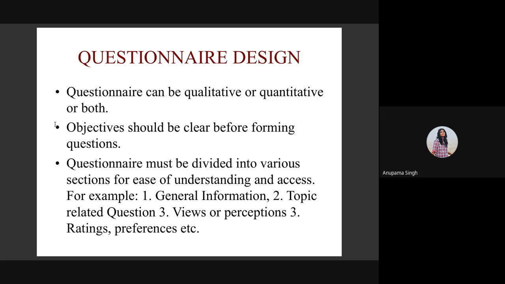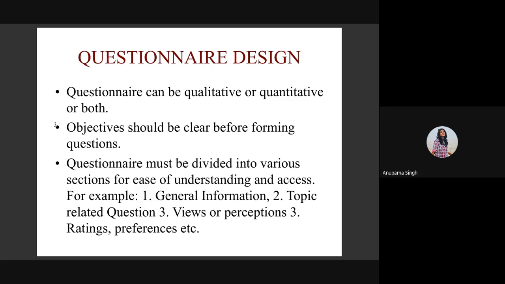We have different methodologies to check the accuracy of a questionnaire: tests of reliability, tests of validity, content validity, etc. But apart from that, if you are framing your questionnaire in a more informed way, then obviously the chances of any kind of error, whether sampling error or non-sampling error, will be reduced. And if it is reduced, then you'll get a better output.